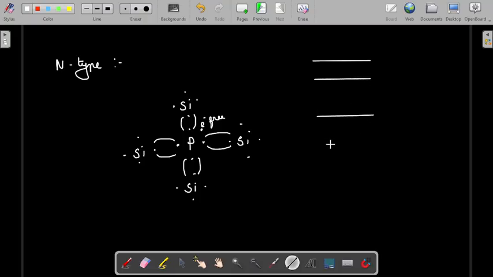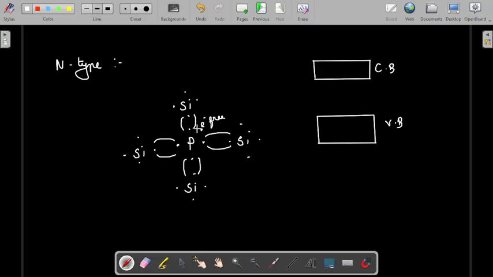Let's discuss the band diagram only, not the single structure. So this is the conduction band and this is the valence band.